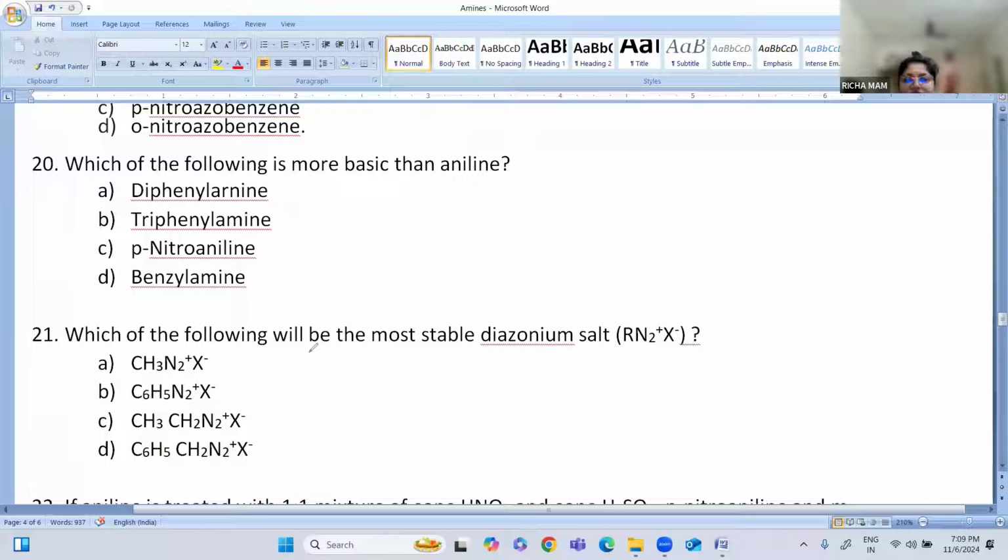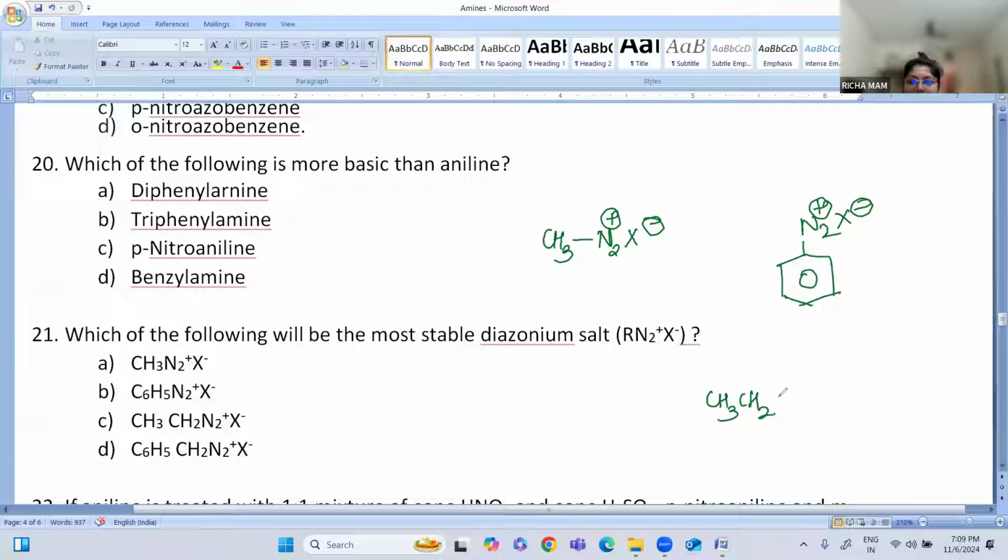Next question. Which of the following will be the most stable diazonium salt? Which is stable? So methyl N2+ X-, then benzene N2+ X-, then CH3CH2N2+ X-, then CH2N2+ X-.